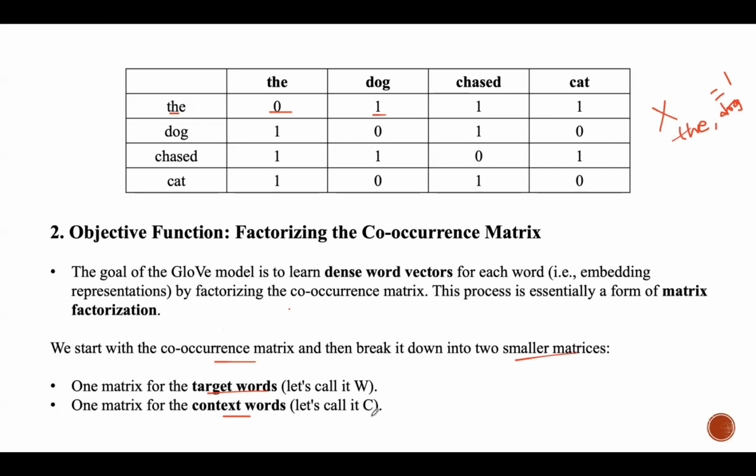Whereas C is a matrix where each row corresponds to a context word in the vocabulary, and the rows represent embedding vectors for the context words. These two matrices are designed to capture the relationship between the target words and the context words.